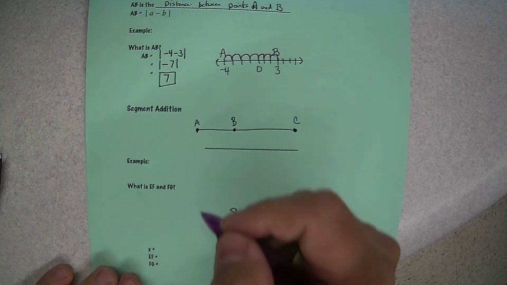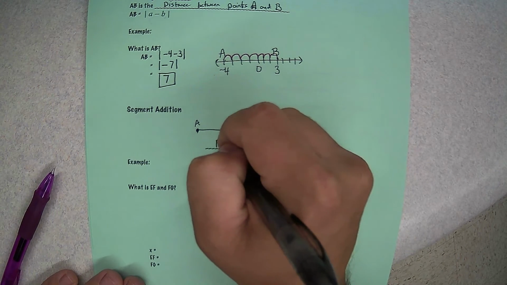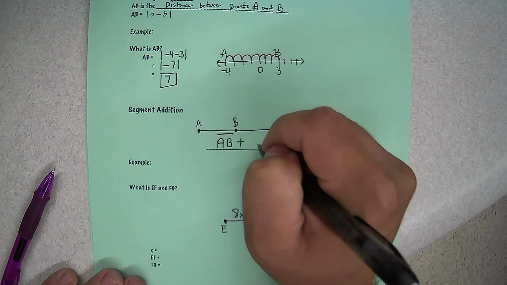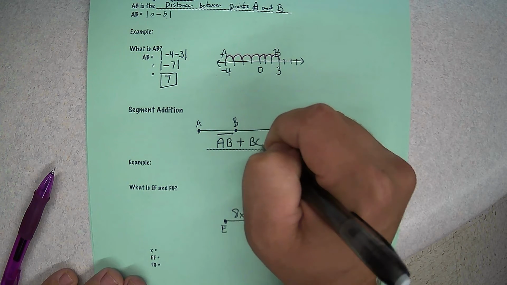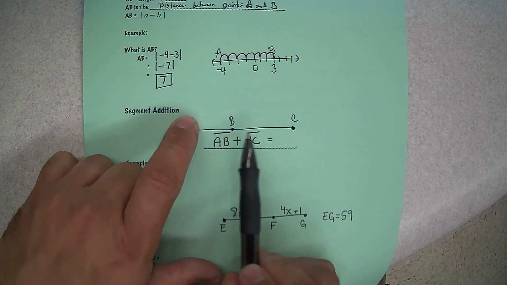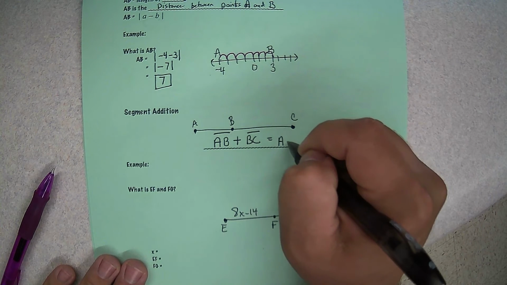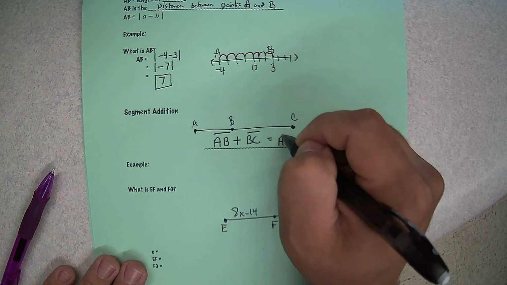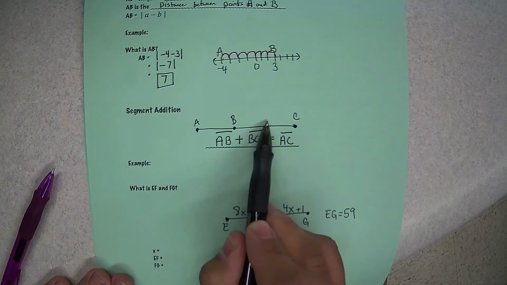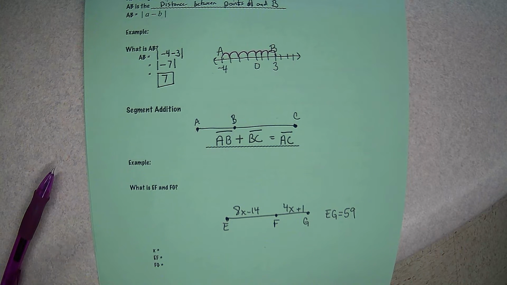So if I take AB and add it to BC, that's going to get me my total length, which is AC. If I said this was 3 and this was 7, 3 plus 7, the whole length of that is then 10.